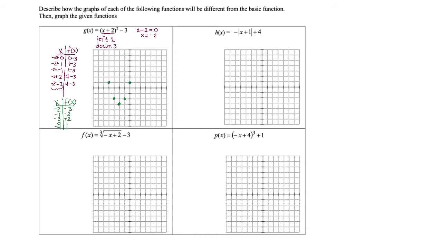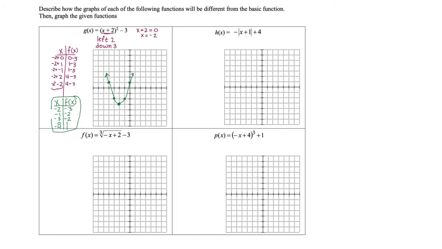And it looks like we can see our parabola shape. And there's our graph. So here's the correct t-chart with all the correct points, and there's our graph. Alright, so now let's go to the next one.